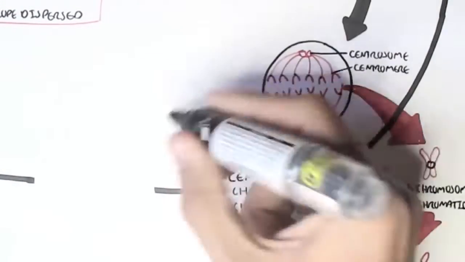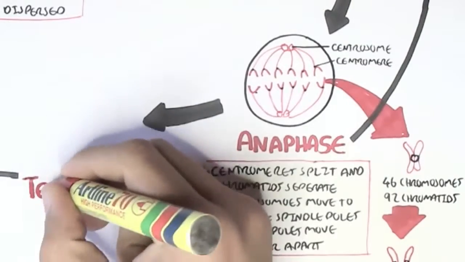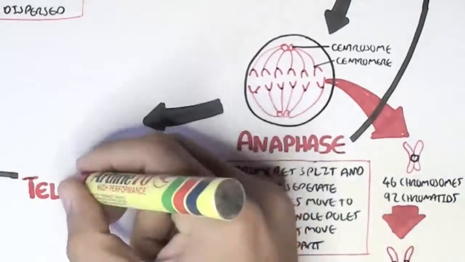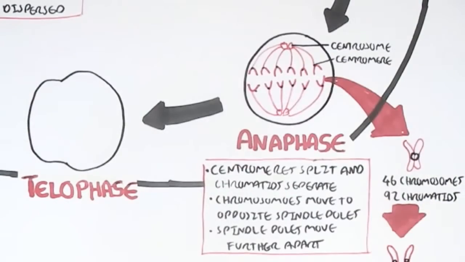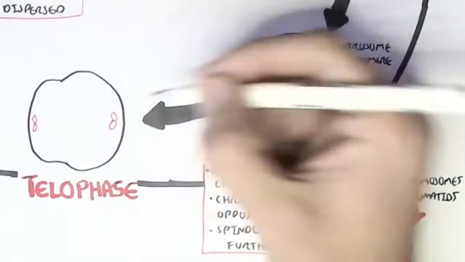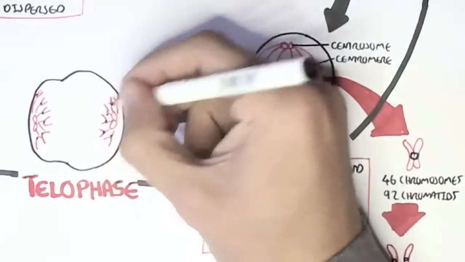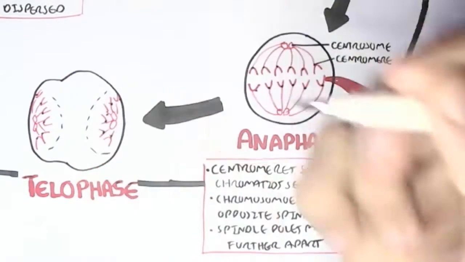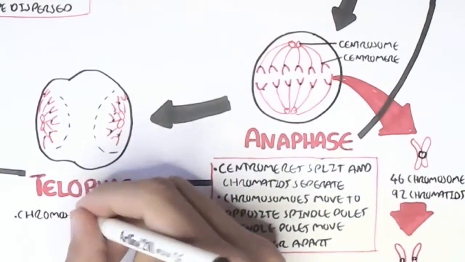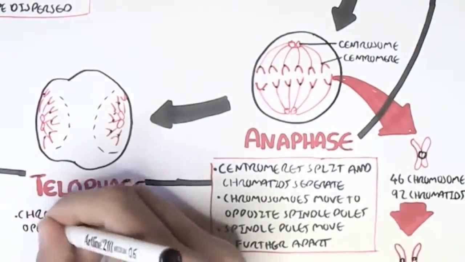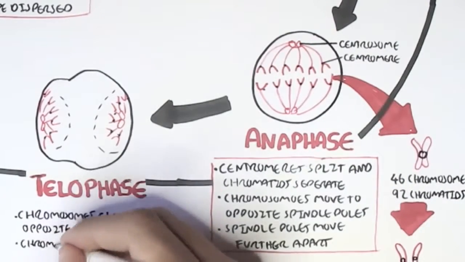Now, the cell in anaphase will then enter the last phase of mitosis, which is telophase. Telophase is essentially when we see the centrosome with the microtubules pulling the chromosomes closer to each of their poles, and then we also see a membrane forming around it. In telophase, the chromosomes are clustering at opposite spindle poles, like so.